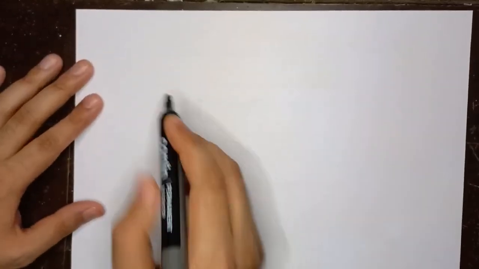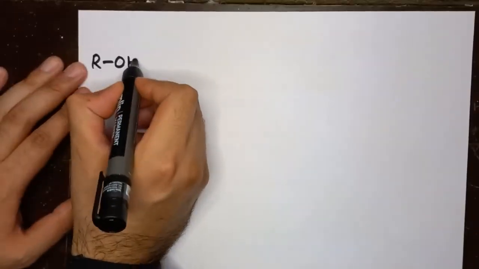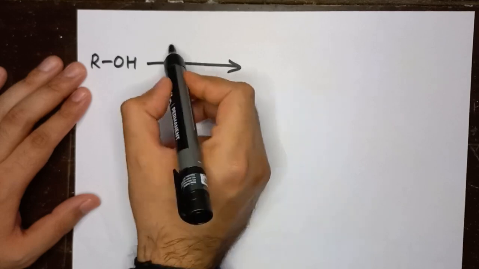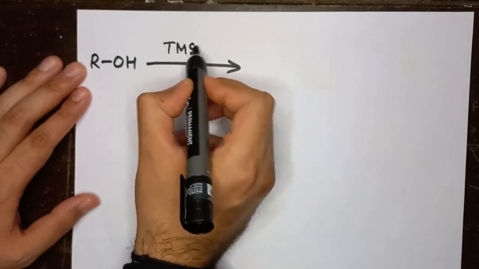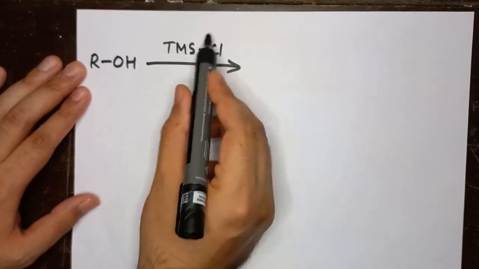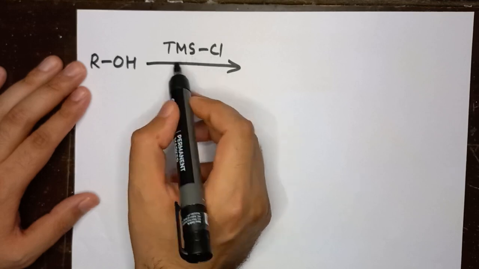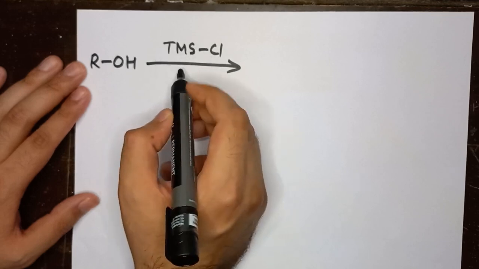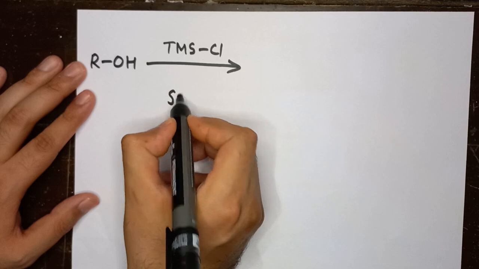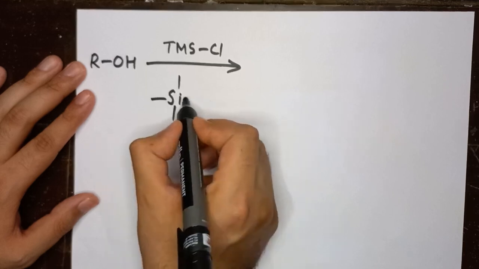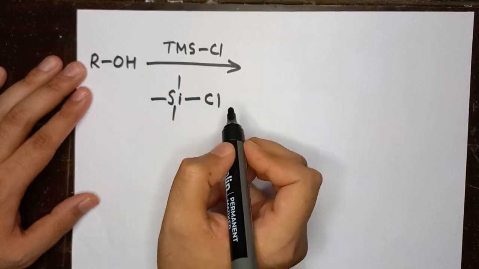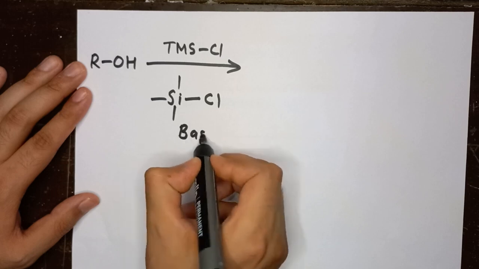Once again I'm discussing the protection. You have alcohol. Suppose I'm taking TMSCl. You have to use the chloride version of that silyl group. TMS stands for trimethylsilane, so we have trimethyl and silyl chloride. You have to use base.